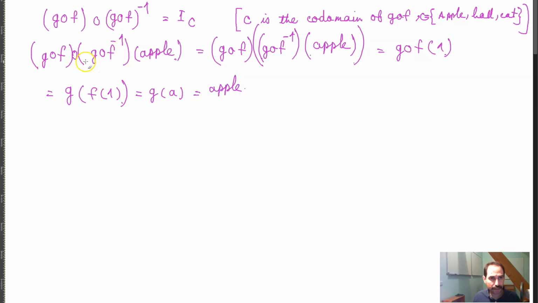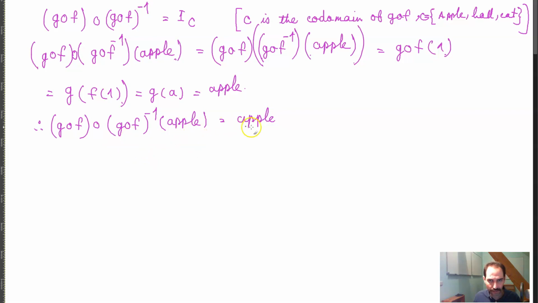So as you can see, GOF of GOF inverse of apple is equal to apple.